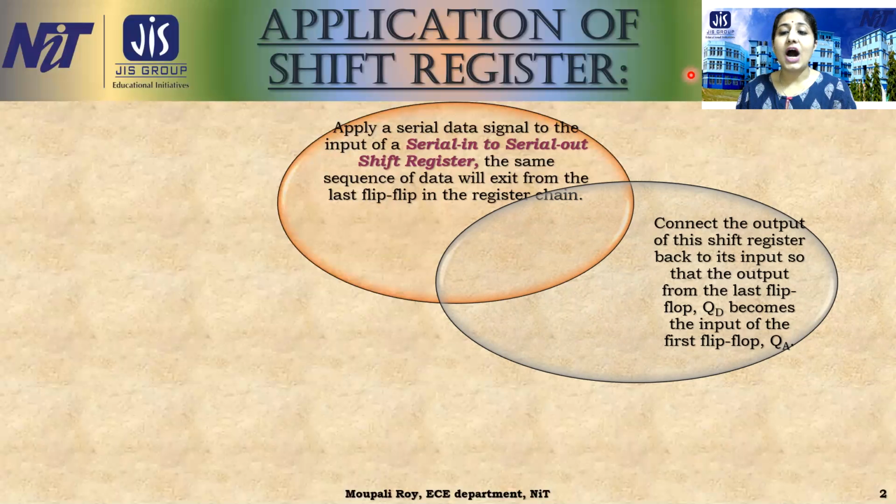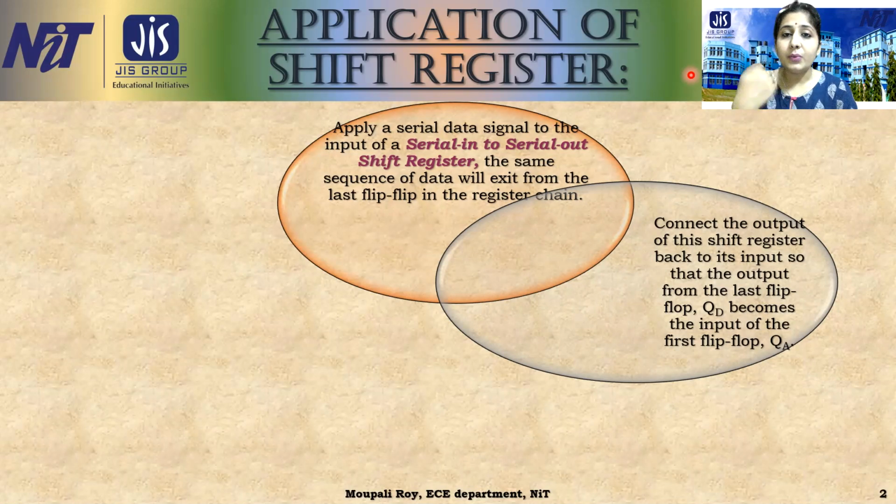The next part is the connection of the output of this shift register back to its input, so that the output from the last flip-flop QD becomes the input of the first flip-flop QA.